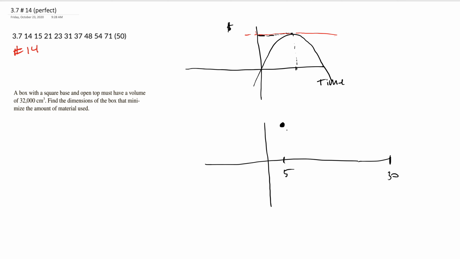Year 5 was an awesome year, and then it was like bam, like that, and then like that, and then whatever, like that. Things just went really bad. And then if you do your horizontal tangent, if you find your derivative equal to zero, you're gonna find that. You're also gonna find that, right?